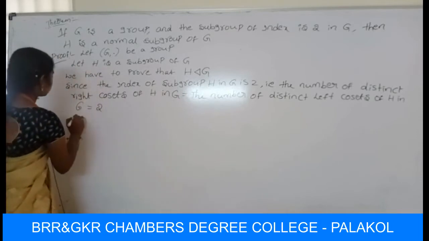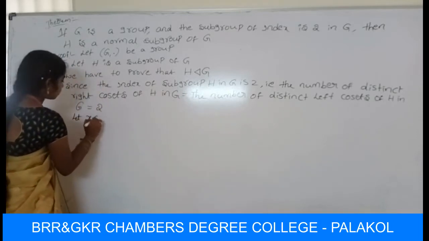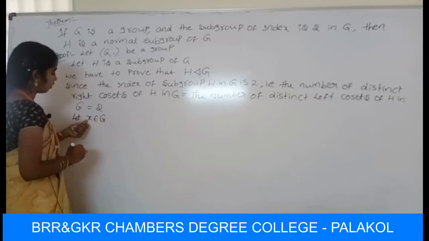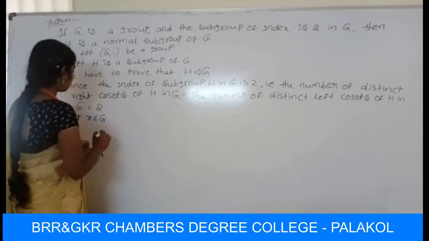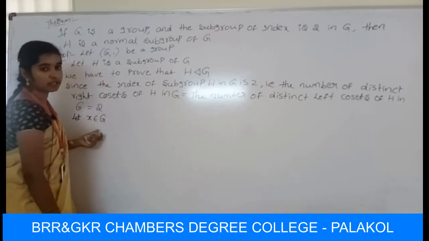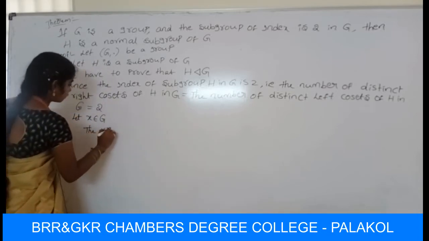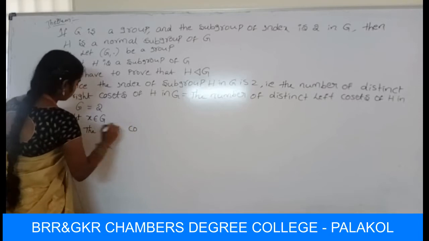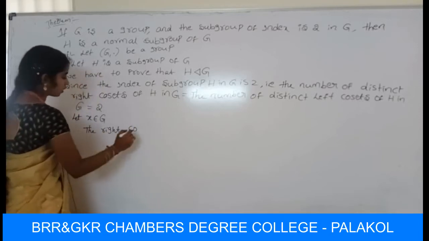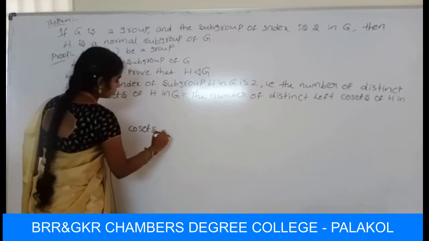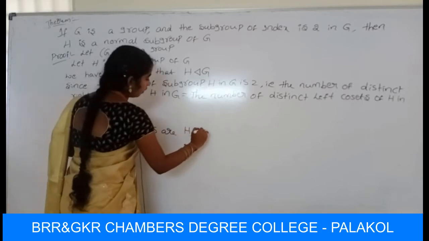So let X belong to Z. The right cosets are H and Hx.